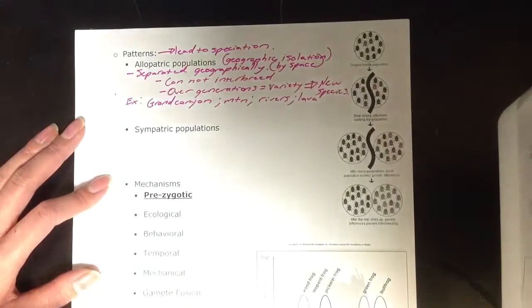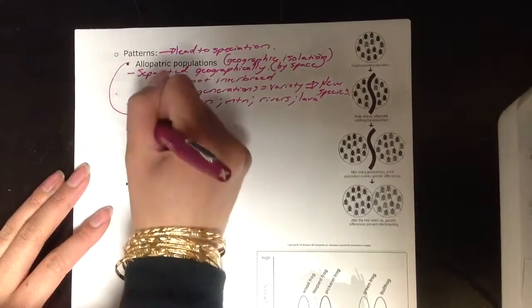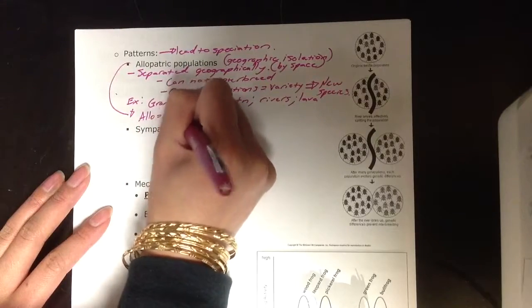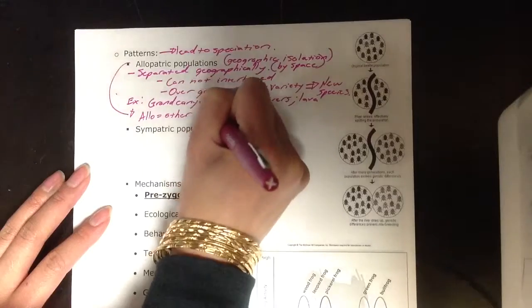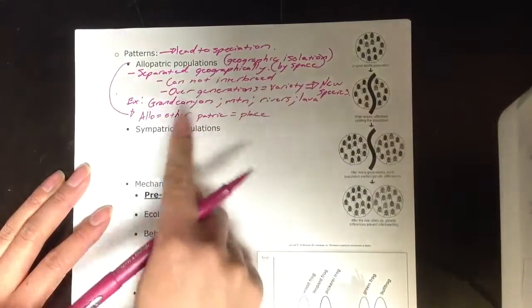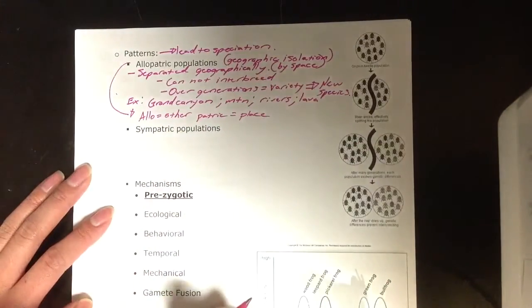These are all things that could separate one species and eventually lead to new species. When you're looking at the word itself, allo means other, and patric means place. So they are in other places, and this is what leads to the new species.